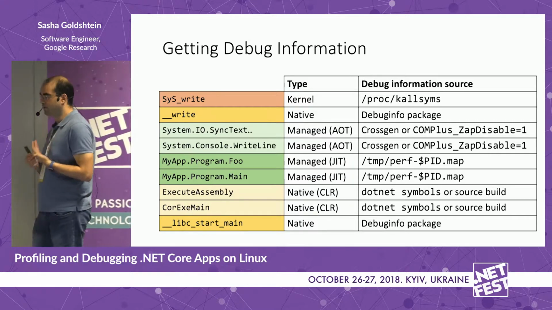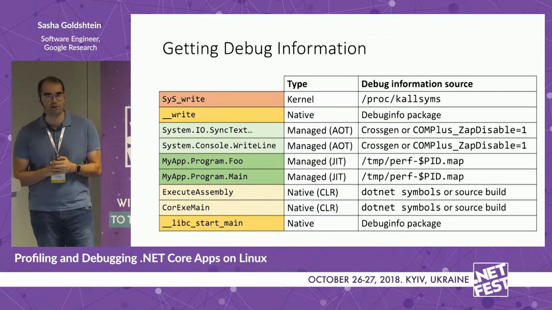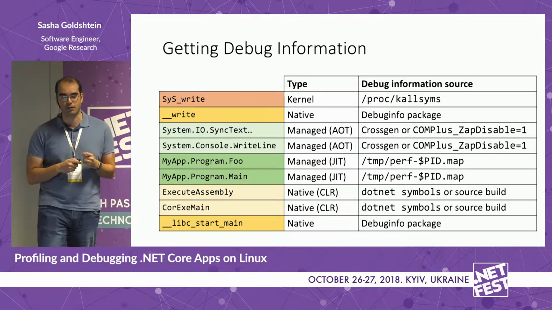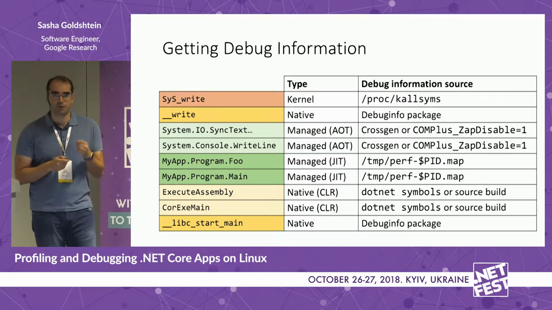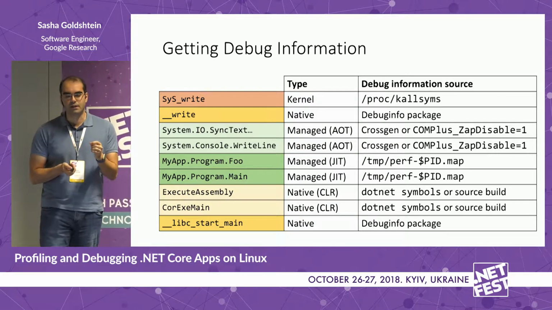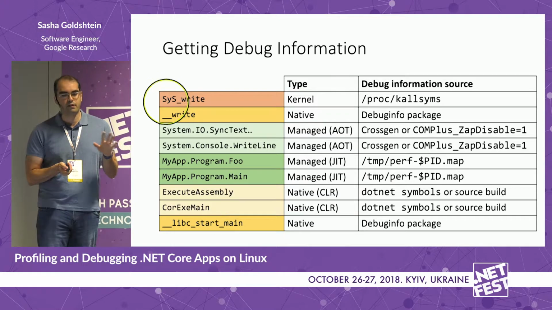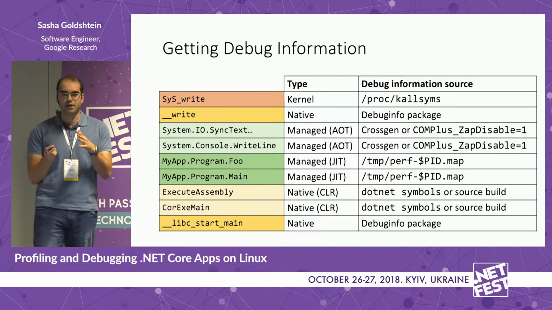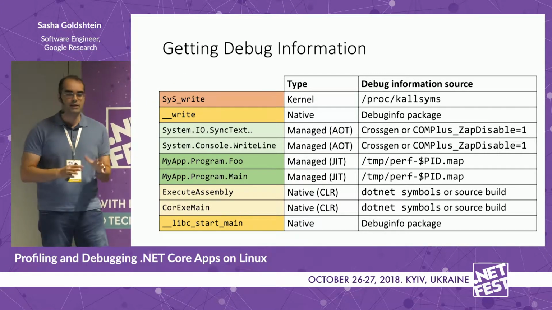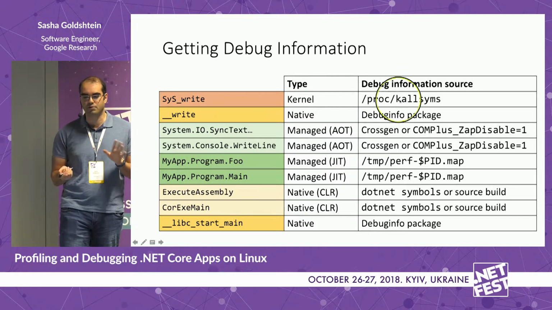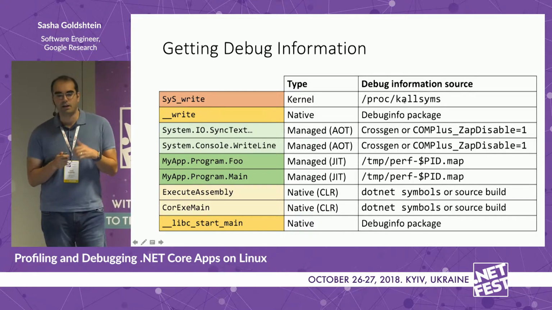And understanding the function name, getting the symbols correct, is something that differs based on the type of the function we're talking about. So for instance, if on Linux, on your stack trace, you have a kernel function, like syswrite over here, this is a kernel function in the operating system kernel. You don't need to do anything magical to translate the address to a name. It's something the operating system just provides in a special file. You can just read it from there.